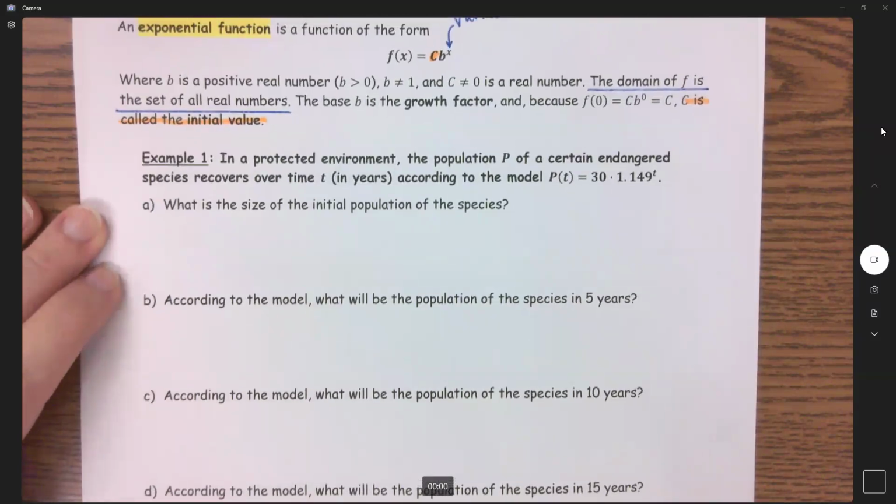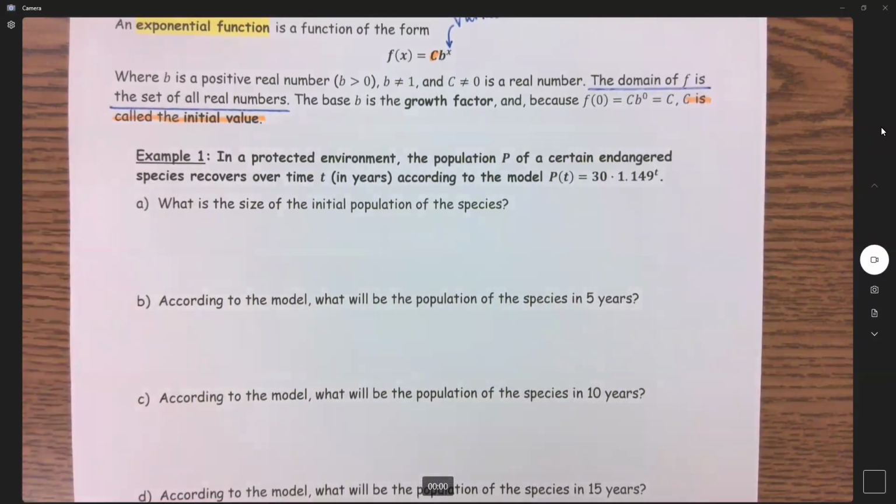So in example 1, it says in a protected environment, the population P of a certain endangered species recovers over time t in years, according to the model P of t.